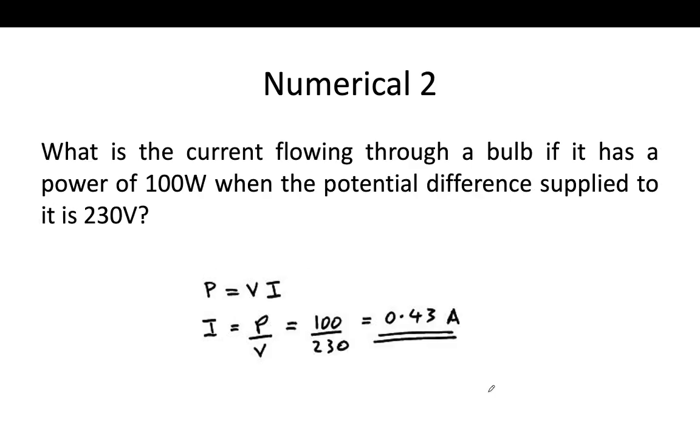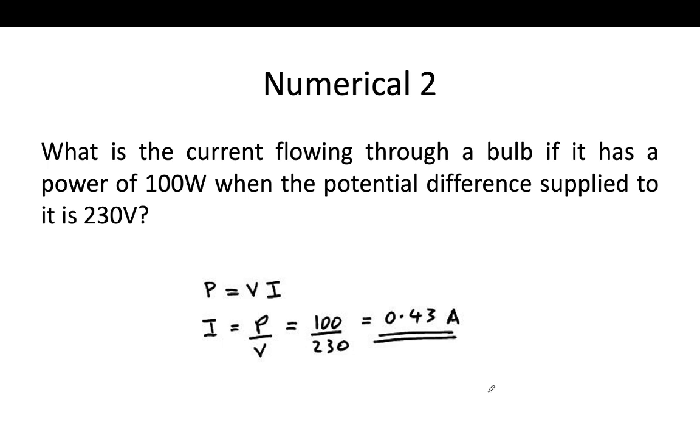So now take numerical 2. What is the current flow through a bulb if it has a power of 100 watt when the potential difference applied to it is 230 volts?